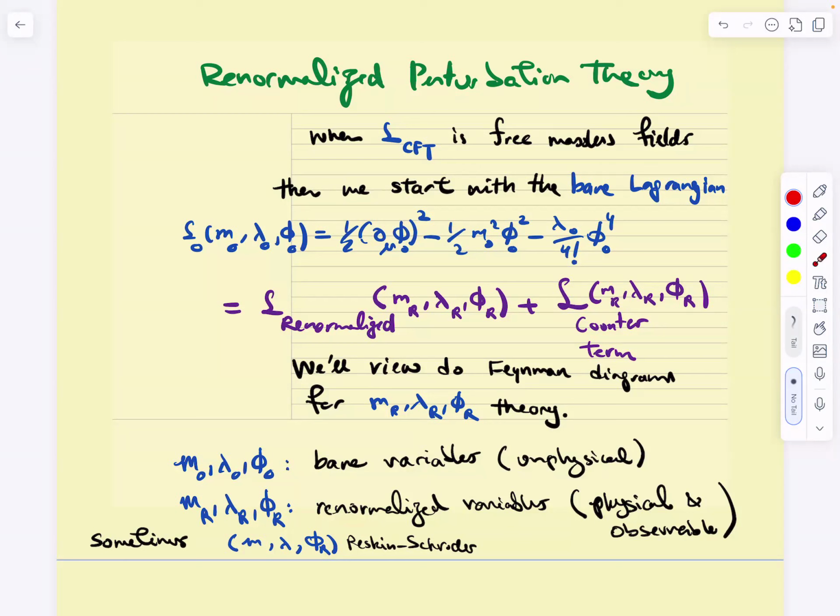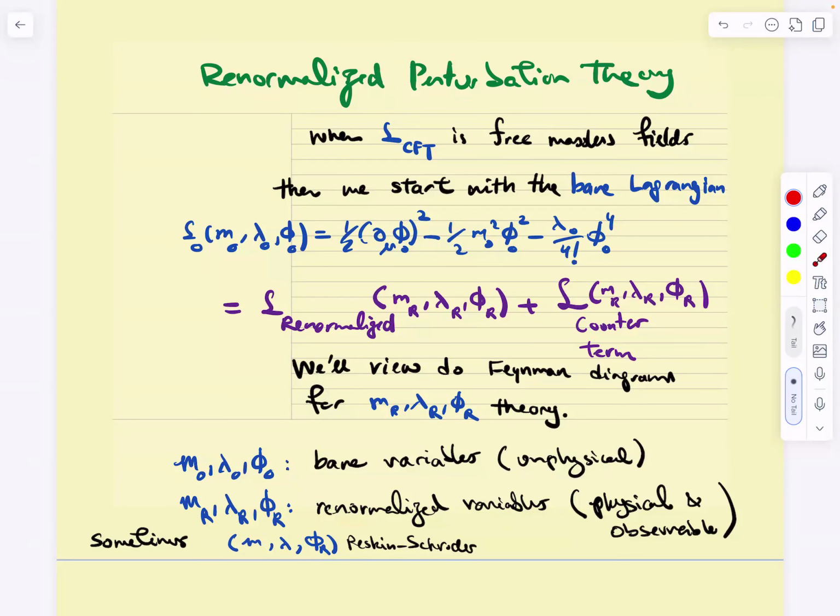Renormalized perturbation theory is the way we make sense of, the physicist way we make sense of, divergences in the perturbation theory of QFT. That's how we make sense of it. It is a little bit dirty, as in mathematically not the most rigorous thing to do, but physicists have built this.